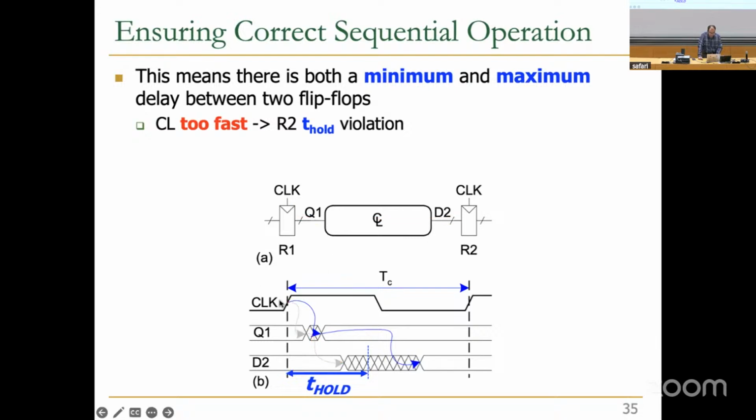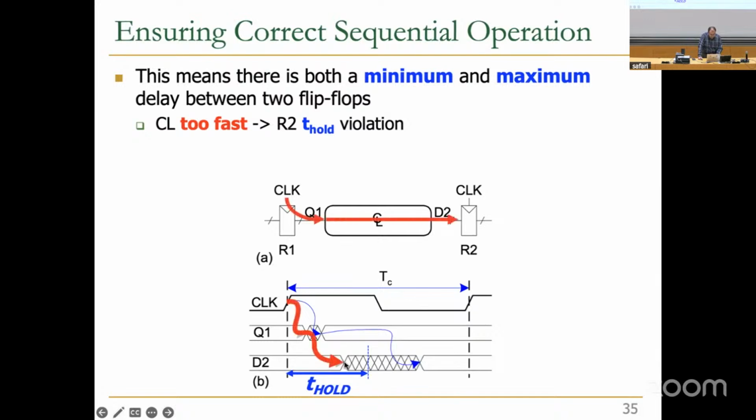You can see from this example here that we have this clock, and then Q1 starts changing at this moment, which is the contamination delay. And the moment that you have this change in Q1, this combinational circuit also starts reacting. And then you also have this contamination delay for this combinational circuit.